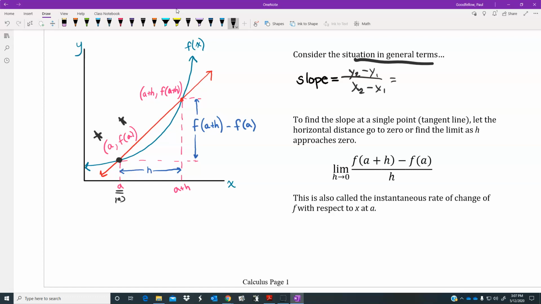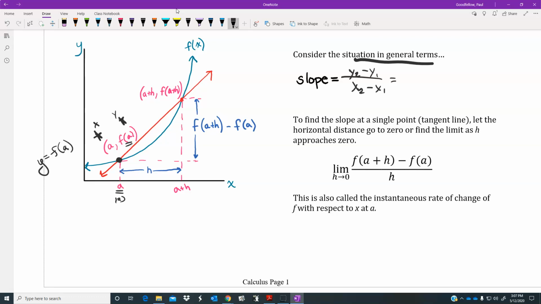And the range would be whatever a plugged into the function would give me, the y value, because y is equal to f of a. So can we all agree that the coordinate would be a and f of a? It's just another way of saying x and y.